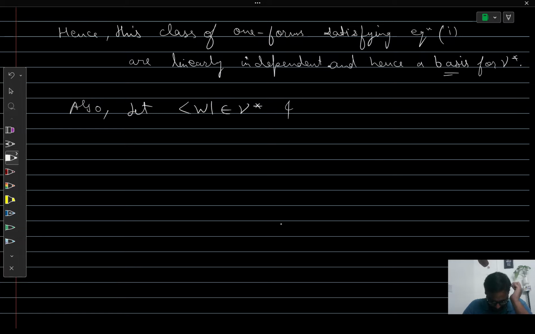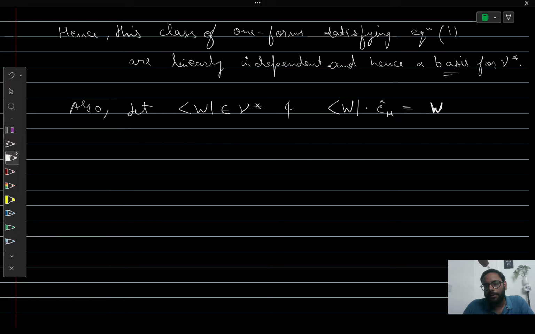Multiply this with a vector of this, and you will get, I mean this is just a projection of this dual vector onto this direction, and you will find a component of it.